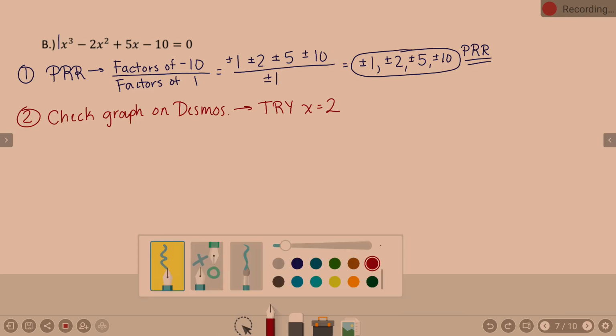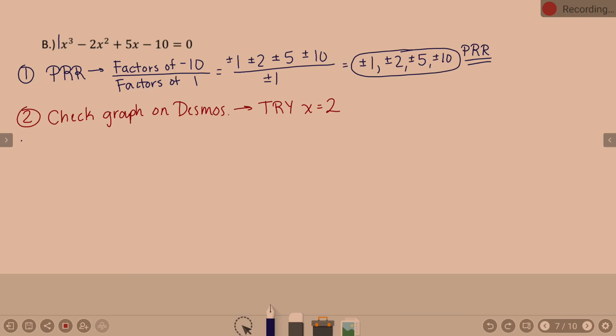Okay. What was step 3 then? Synthetic division. Take whatever values, usually it's more than one, you found, and use synthetic division. 2's in my box. Next to my 2 is the 1, negative 2, 5, and negative 10.